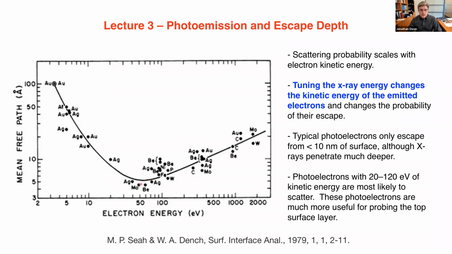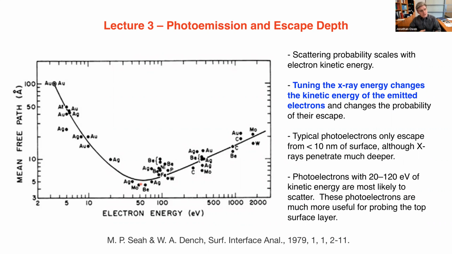So people have learned to take advantage of this because you can change the X-ray energy that you use to generate the photoelectron. And for a given orbital or state that you're trying to probe, changing the X-ray energy, the source of excitation, will change the kinetic energy of the electrons that come out of a given orbital.